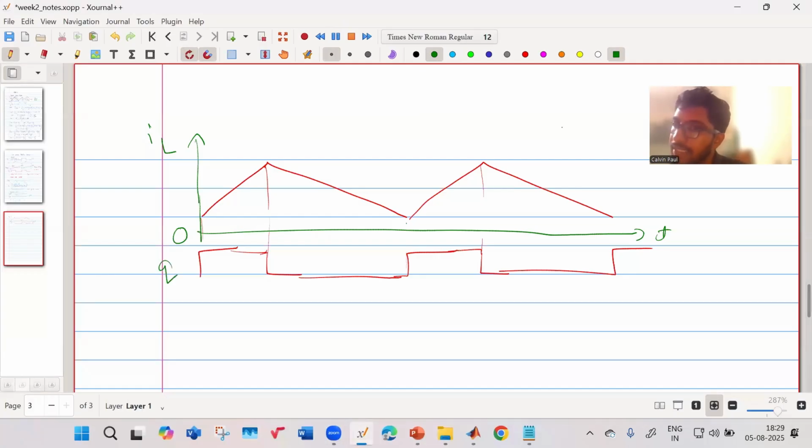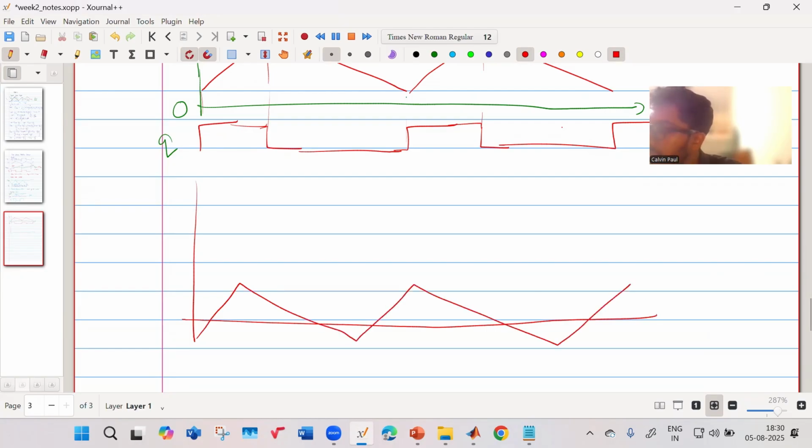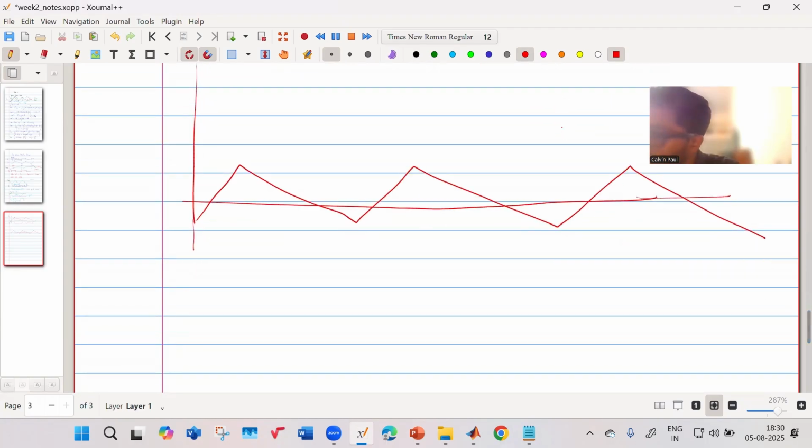There can be a case when it can go negative. That is, your current goes negative. This could be a case. And that time the gate signal is like this.